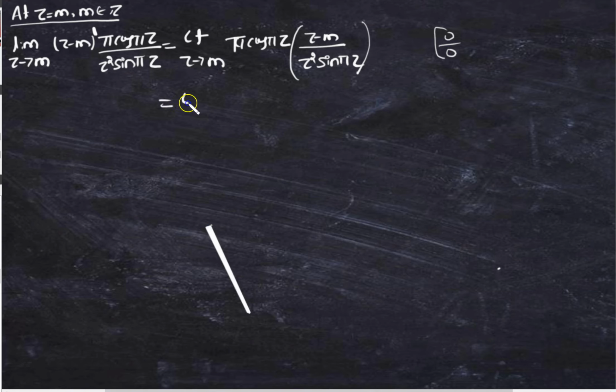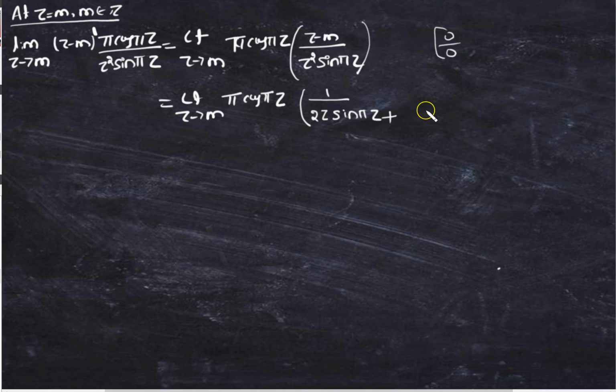You will get limit z tends to m of cos pi z, and differentiating, the numerator gives 1, and the denominator by the UV formula gives 2z sin pi z plus z square as it is times the derivative of sin pi z, which is pi cos pi z.